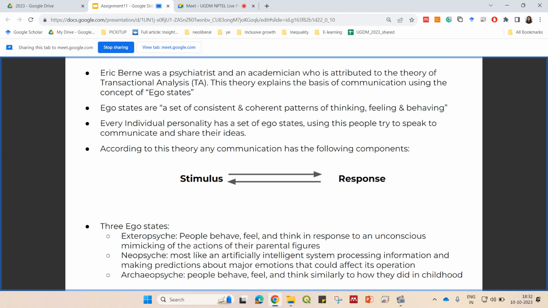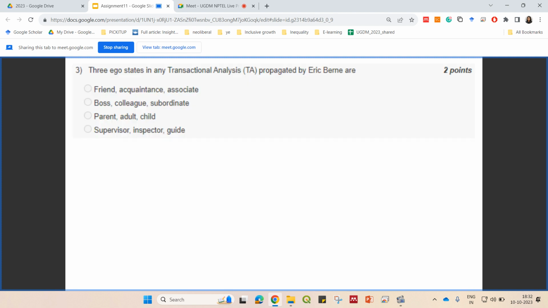So anyone, any person who they see as a person with authority over them, and from whom they might have learned certain values or certain principles of how to behave in certain situations. When people unconsciously mimic those patterns of behavior which they have learned over time from their parental figures, and behave according to that, that is called the exteropsyche ego state.